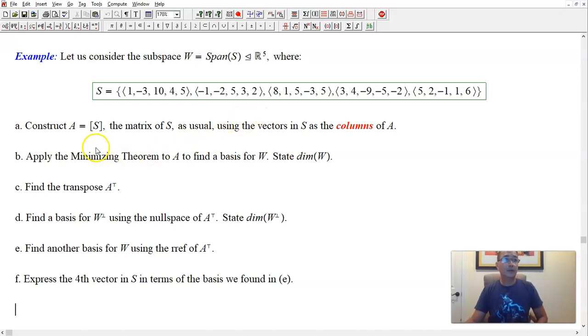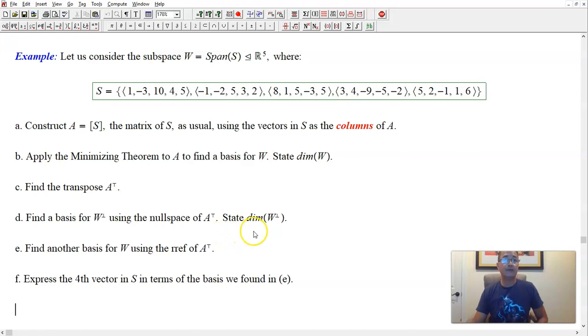First, we're going to construct the matrix of S as usual, putting these vectors into columns. We're going to apply the minimizing theorem. So this is a good review for a couple of videos back. We'll find the dimension of W. Maybe it's 5, maybe it's smaller than 5. We'll find the transpose of this matrix, and then we'll look for a basis for the orthogonal complement using the null space of A transpose, what we just mentioned.